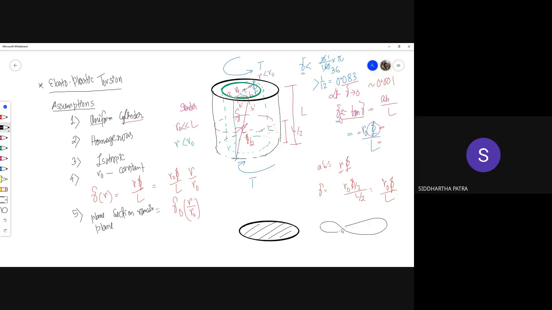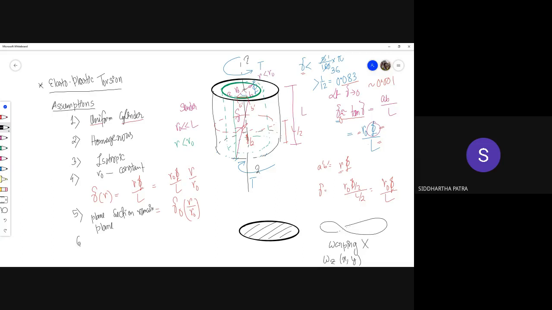Or in other words, there is no warping. What is warping? Warping is the deflection. Let's say the axis is the z axis. So warping is the deflection in z direction as a function of the coordinates in the cross section. So the plane sections remain plane.